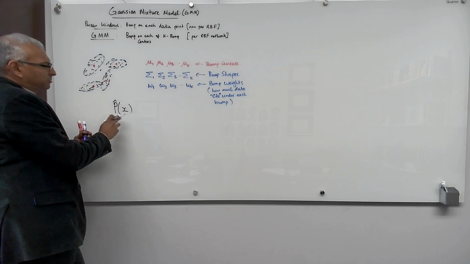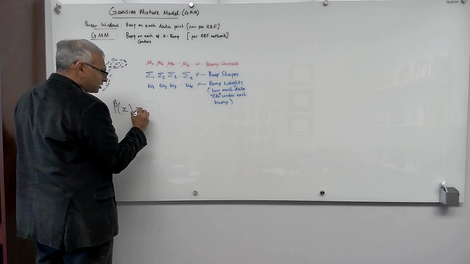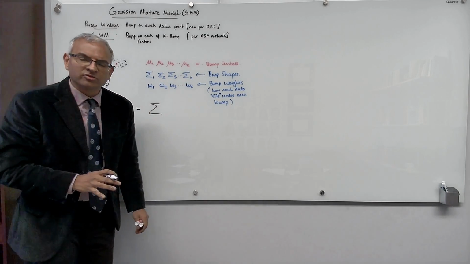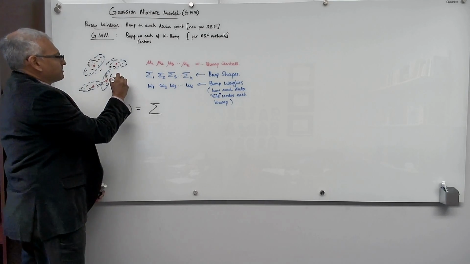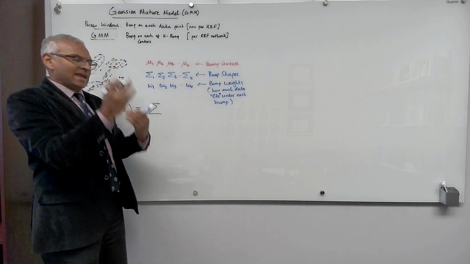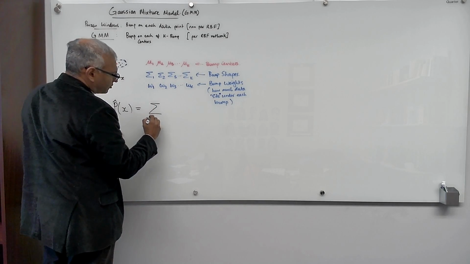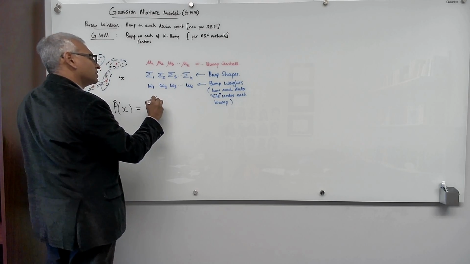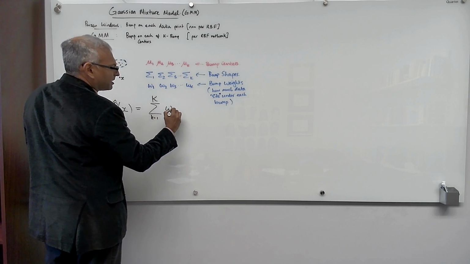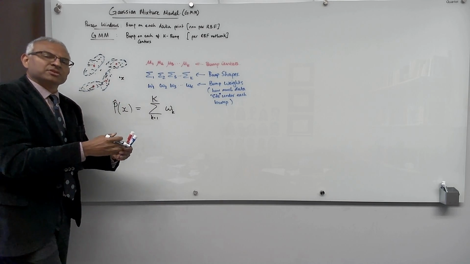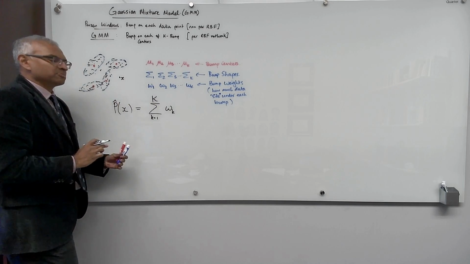P is the true density. p hat of x is going to equal the sum over all our bumps. So you place a bump over each center, and if you're at some other random point x, you take the contribution from each bump and add. So it's the sum from little k equals 1 to big K of the weight of the bump, WK, times the formula for the bump, the probability density that corresponds to the bump.